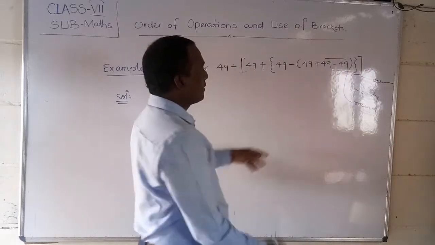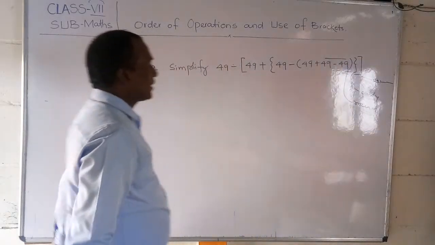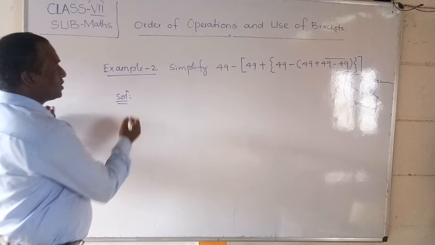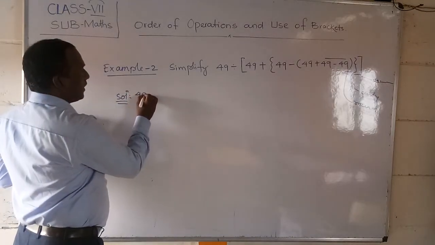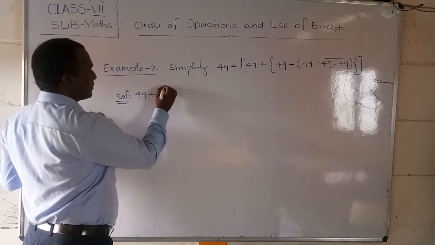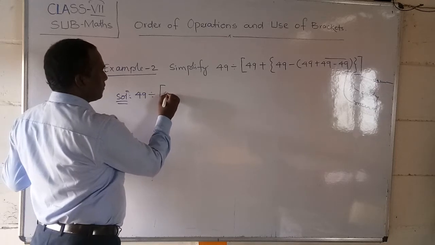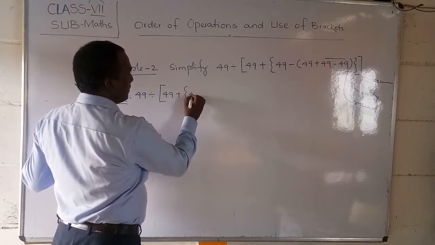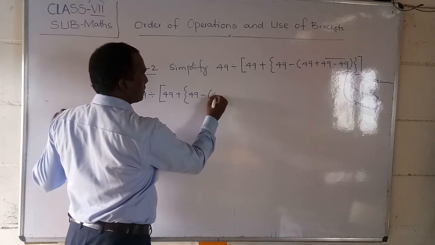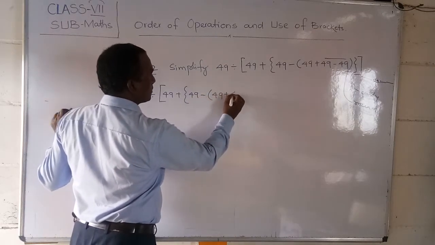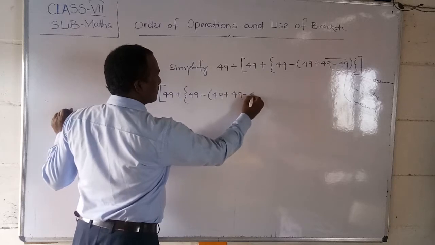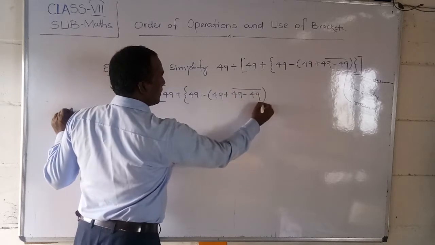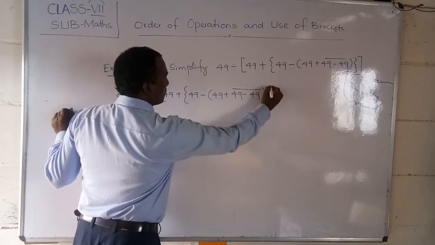This is the vinculum bracket. So first of all, write the question: 49 divided by square bracket started, 49 plus curly bracket started, 49 minus 49 plus 49 minus 49 with vinculum. This bracket is closed. Okay.